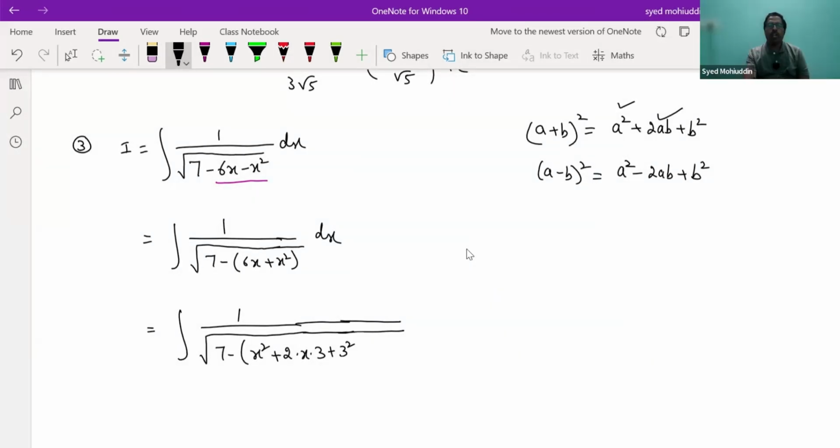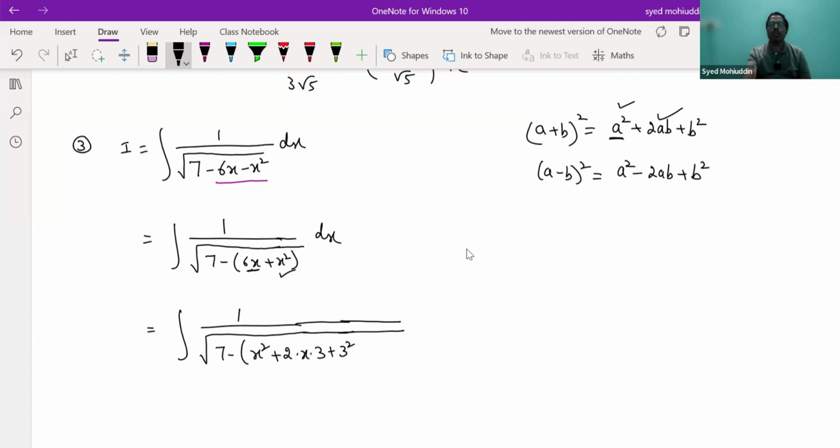So b over here is this 3 only. What I'm doing, I'm taking the minus sign outside. First I'm writing this x² as it is, no change, which will act as your a². Next I have to write plus 2ab, where a is x, into b. What has to be multiplied to get this 6x? 2 is already there. 2 times 3 will give you 6x.